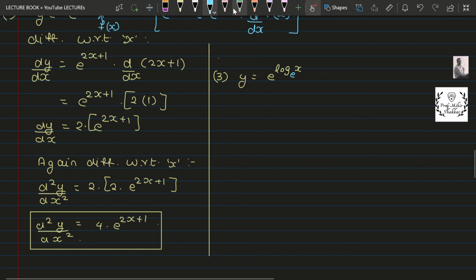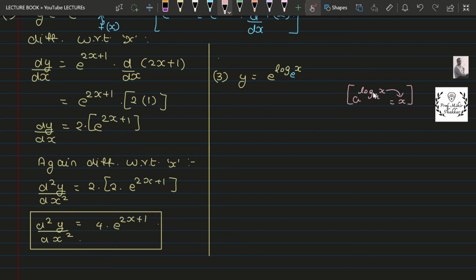Now there is a very important property of logarithm, which is like this: a to the power log x to the base a is always equal to x. Whatever value is inside log comes as the answer.